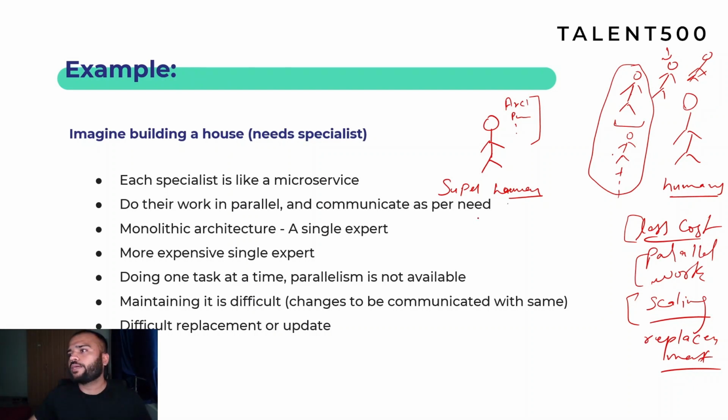So cost will be high. Replacement of such a person will be difficult. Why? Because it has a lot more skills than a normal technician, right? So the replacement is difficult.